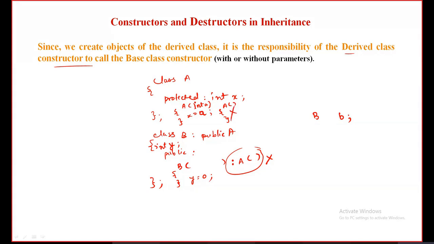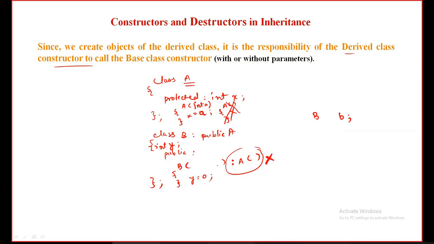We saw in the first unit, the default constructor is created only when no other type of constructor is created by the programmer. So if this constructor is not present in the base class, how will the compiler be able to call it? That is why such calls are not implicitly made when there is no default constructor present in my base class. Is it clear? Any doubt up till now?